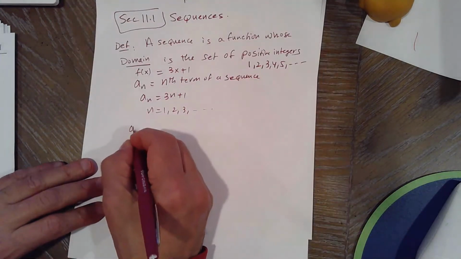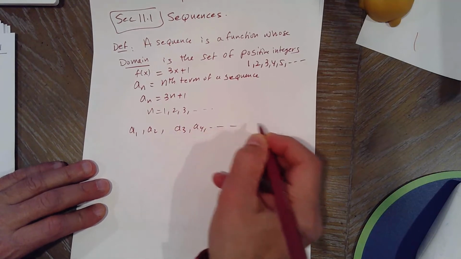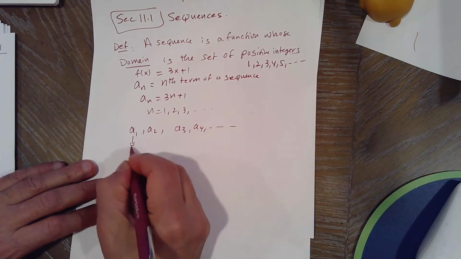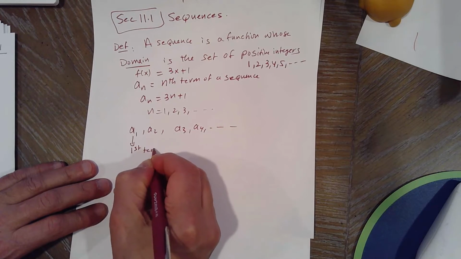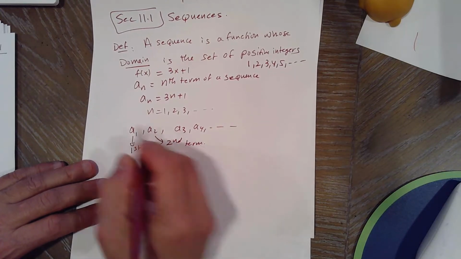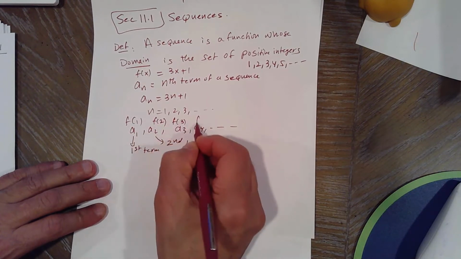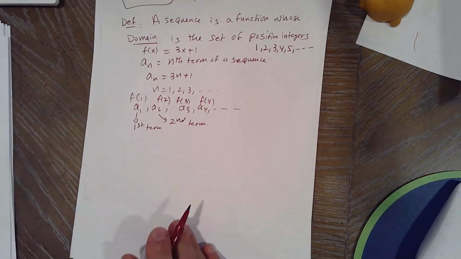And a1, a2, a3, a4 are called the terms of the sequence. This is the first term, second term, and so on. Like f of 1, f of 2, f of 3, f of 4, and so on.